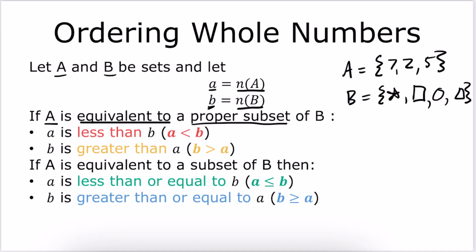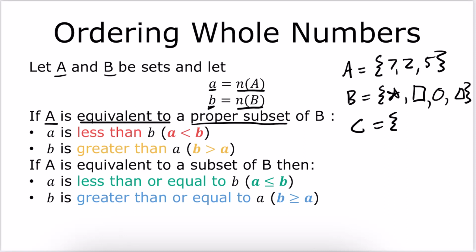If we were looking at these sets, we want to see, is A equivalent to a proper subset of B? So is there a subset of B, maybe I'll make a set C, so that A and C are equivalent to each other? Essentially, can I create a one-to-one correspondence from A to a subset of B?